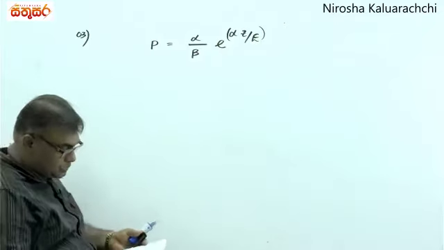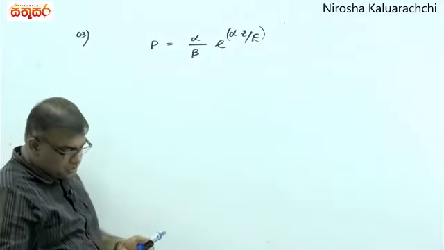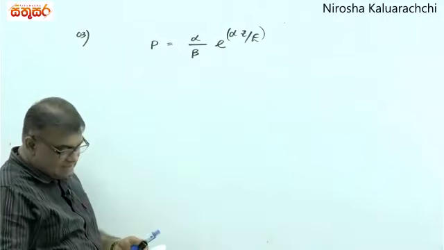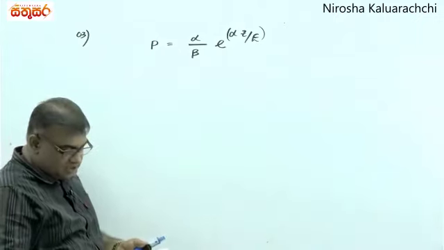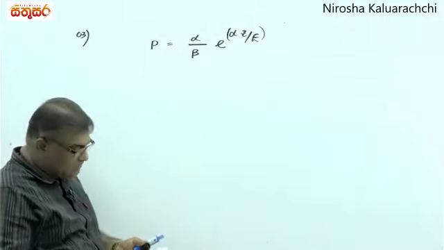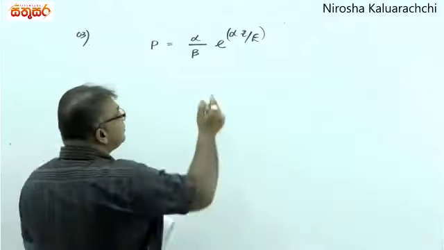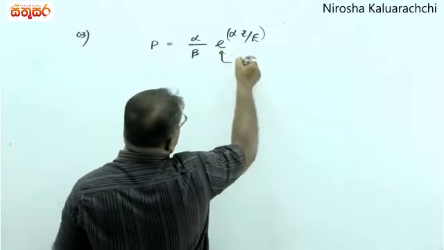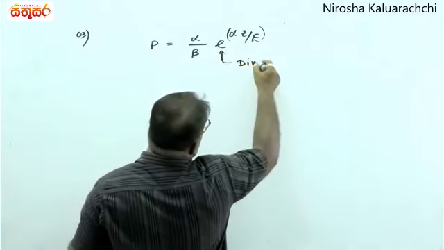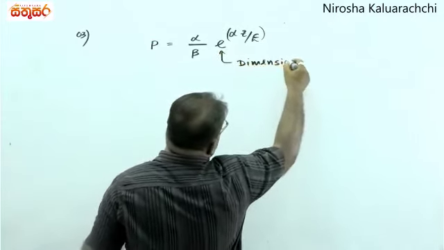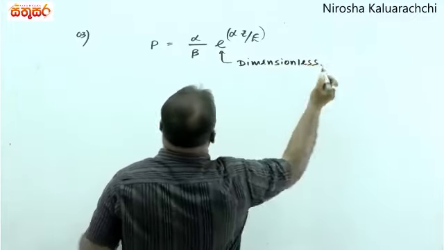Where P is pressure, Z is distance, capital E is energy. Simply, e is dimensionless. Find the dimension of beta. So this is mentioned as dimensionless.